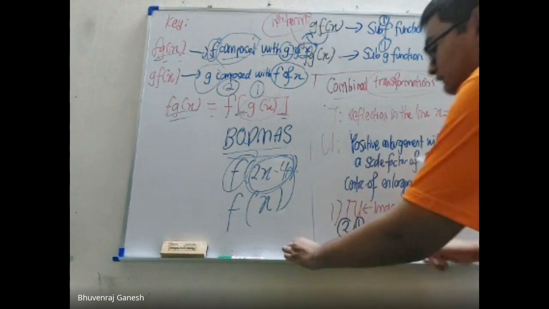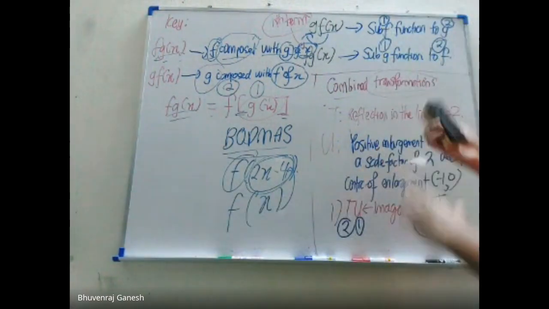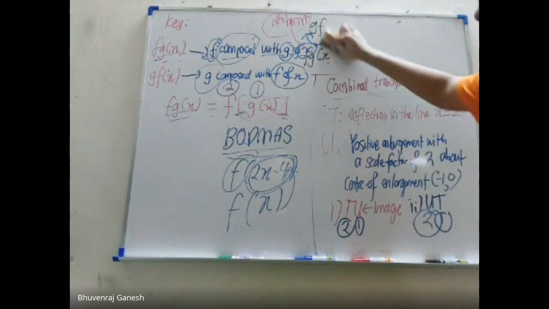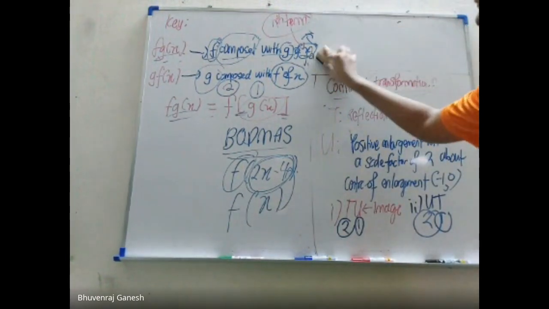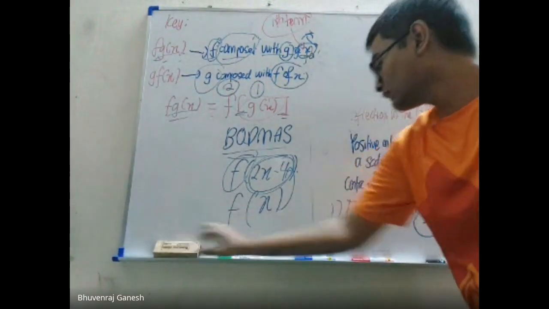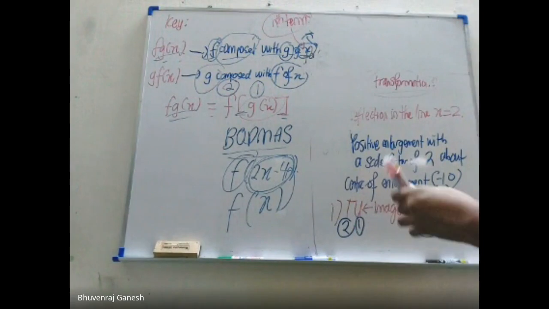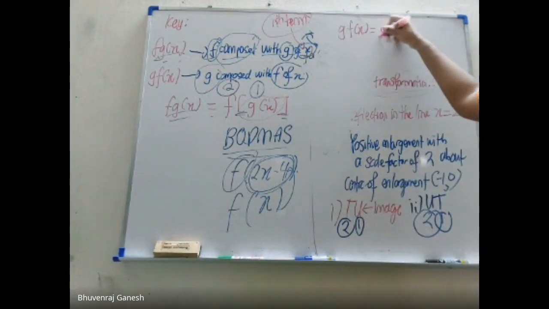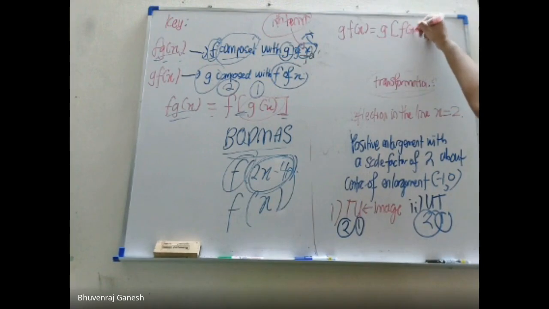If you want to see the other side of it, let's say reverse thinking, we do g(f(x)) now. So g(f(x)) will look like this, g bracket f(x).